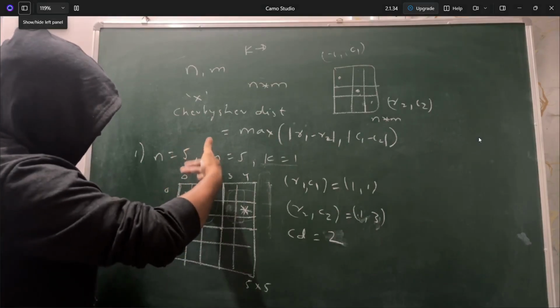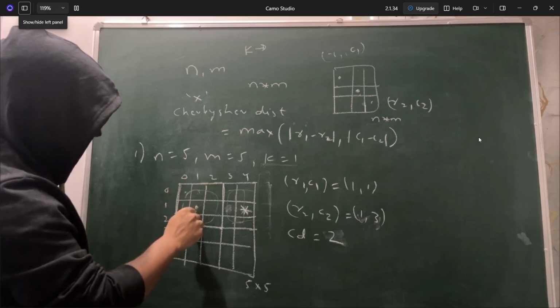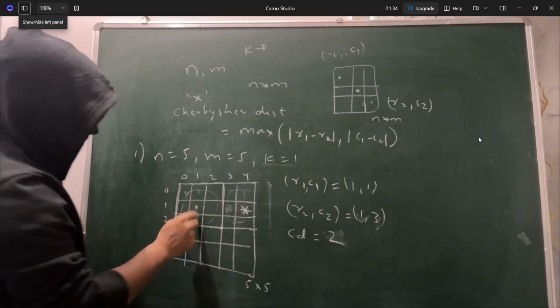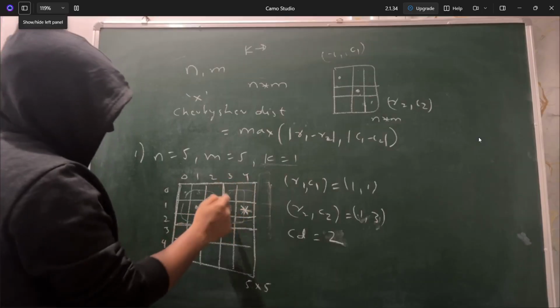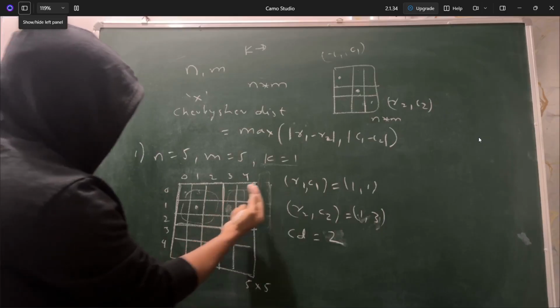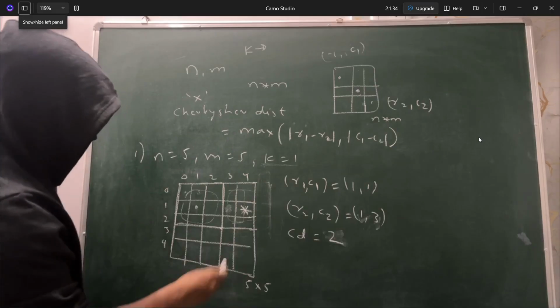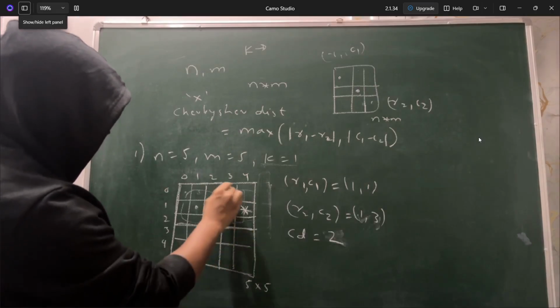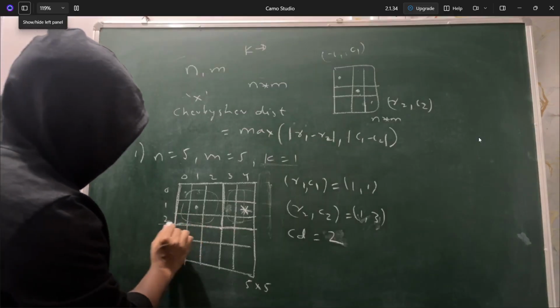So you will have to go row wise k down distance and column wise k distance, so it can cover this much area. Now think of this as my starting point, and again I'll do the same thing: go k distance downward, k distance to the column side, so you can place it here. So now this area is covered by this sensor. This part is done.